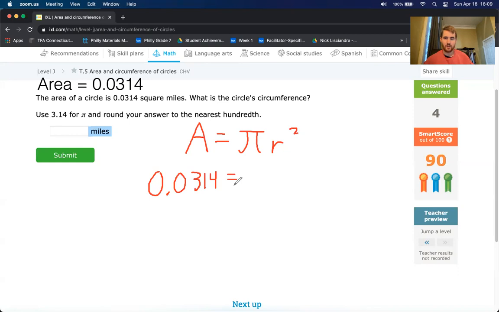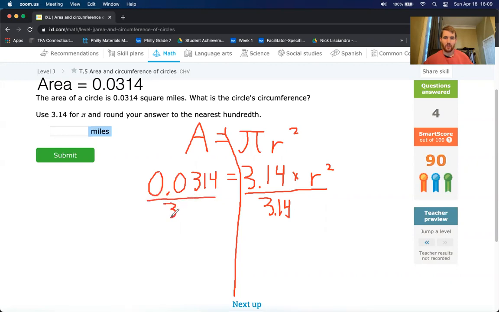And it equals pi, which we're going to use 3.14 for, times the radius squared, which we don't know. That's what we're trying to figure out. Remember, we're going to use algebra to get r all by itself. So first step, we have to divide to get rid of the multiplication, to cancel out the multiplication. So we're going to divide by 3.14.